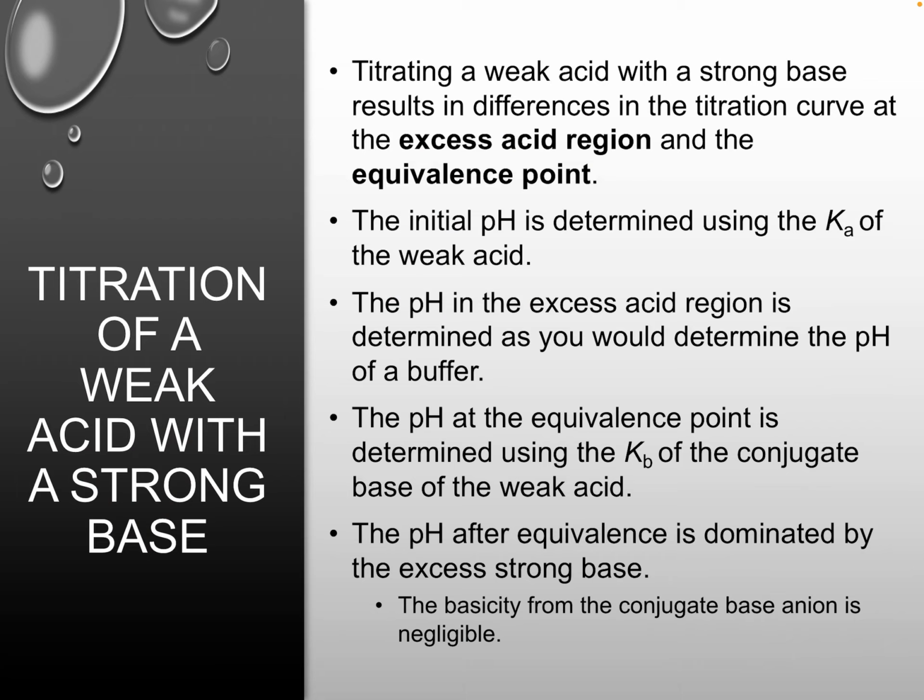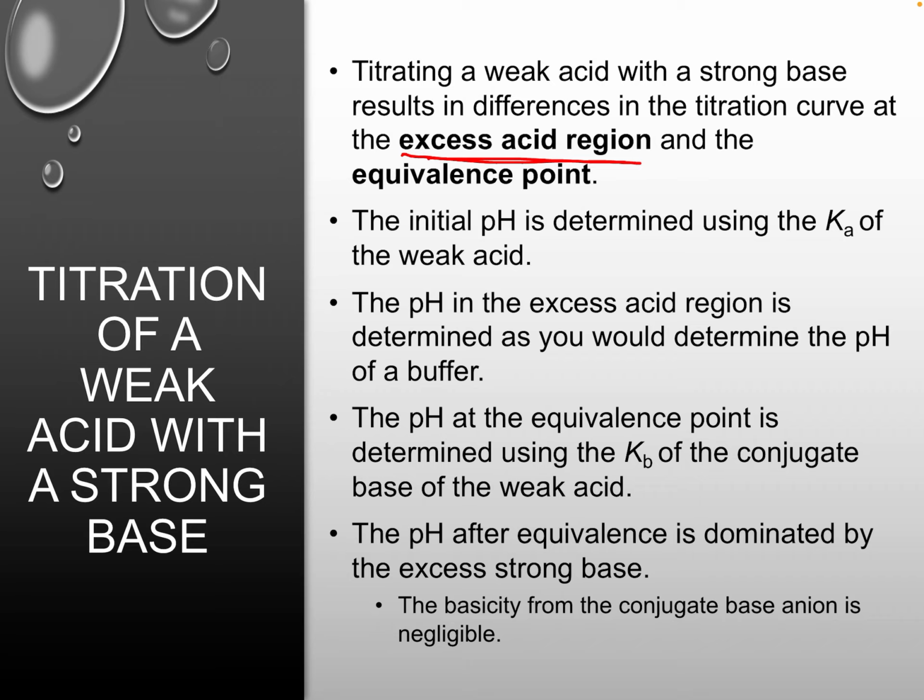All right, so when we titrate a weak acid with a strong base, we're going to have a difference in the excess acid region, which is the stuff before the equivalence point, and the equivalence point, like I said, has moved. It will now be a little bit higher. The way that we calculate the initial pH is going to be different now than when we were doing the strong acid, because strong acids dissociate completely in water.